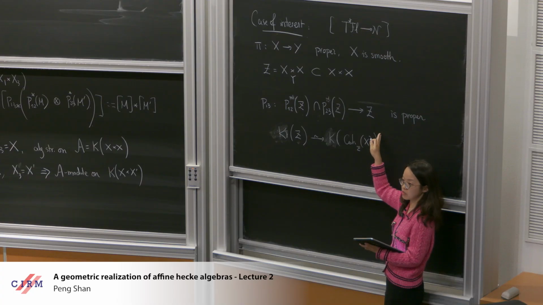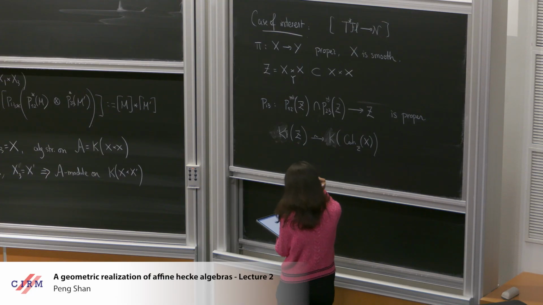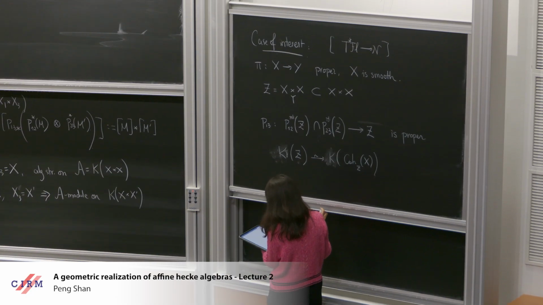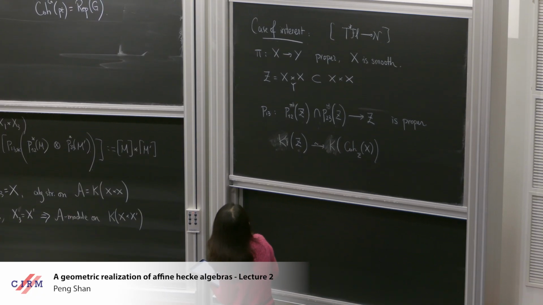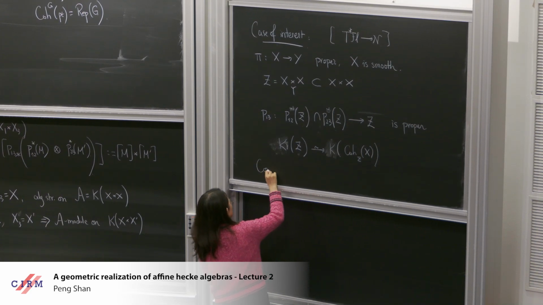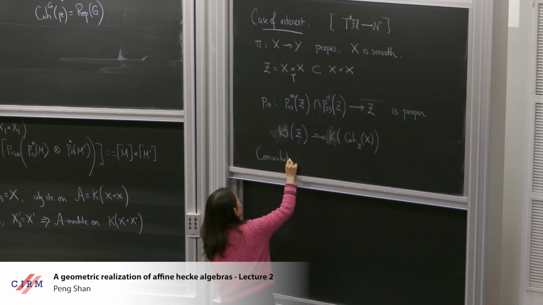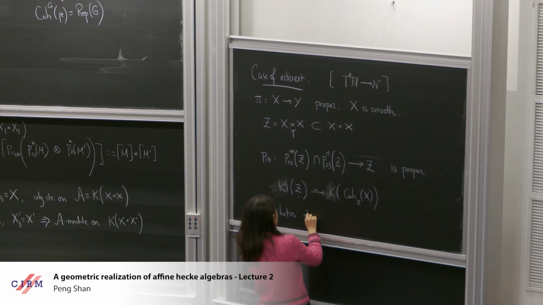It's still well defined, because this map is proper. So all in all, this says that this convolution product is still well defined.